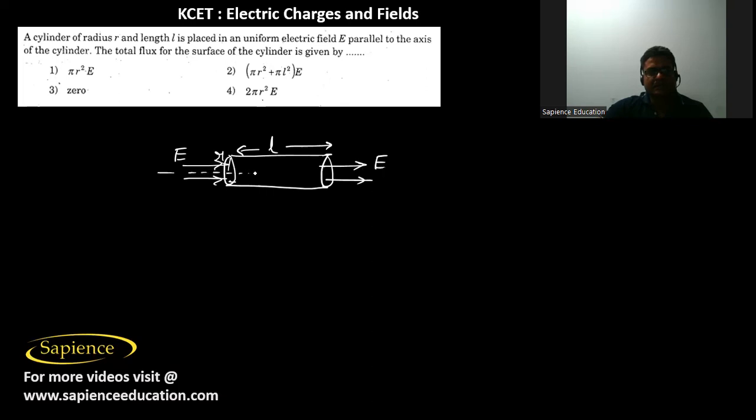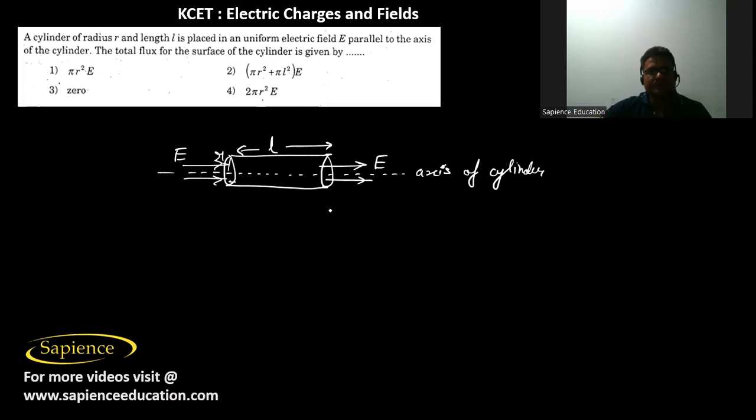The axis of the cylinder is this one. Then the total flux for the surface of the cylinder is given by?